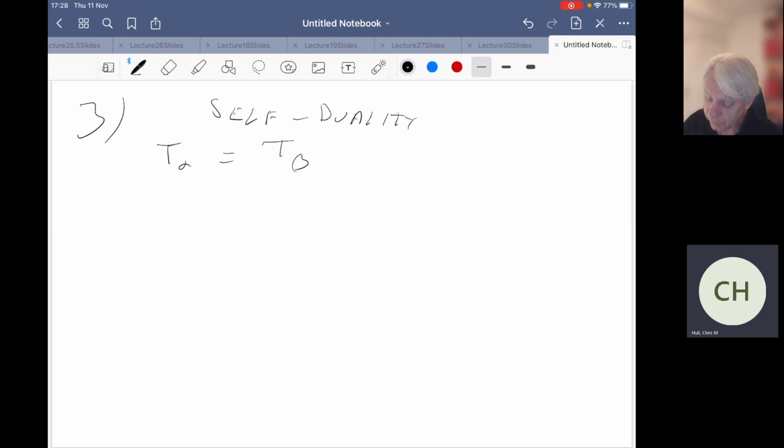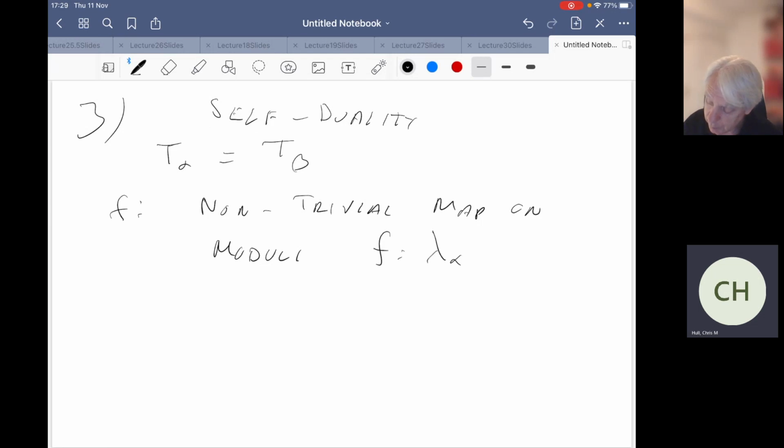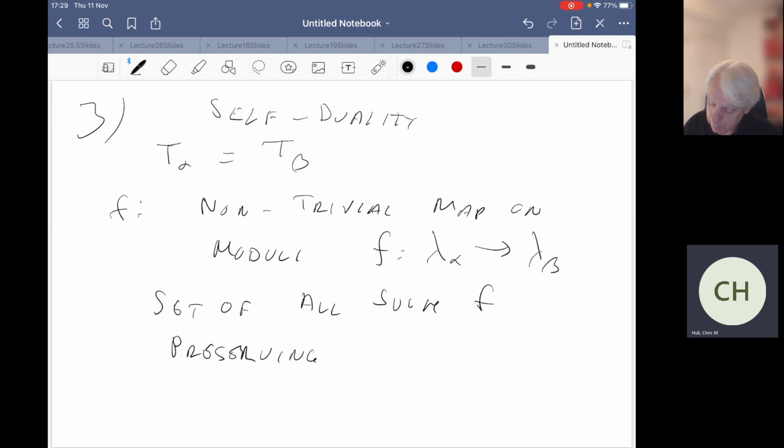And so then F is a map on the moduli, F from lambda alpha to lambda beta, and in this case this will provide a symmetry of the theory alpha, and the set of all such F preserving theory alpha forms a group, which is a symmetry of the string theory.